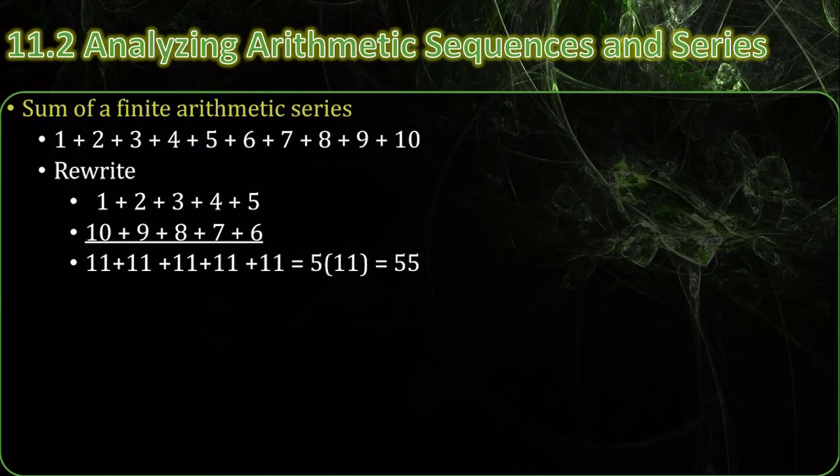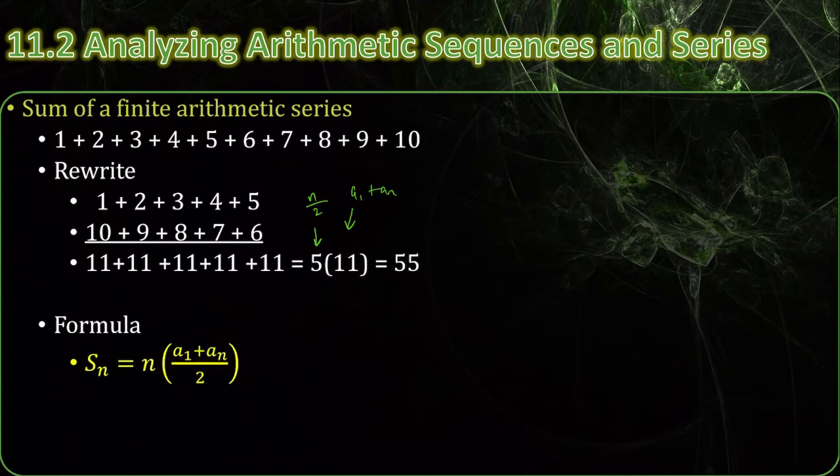And that pretty much gives us our formula. This is half the number of terms, and this is adding the first one and the last one, or n times a1 plus an over 2.